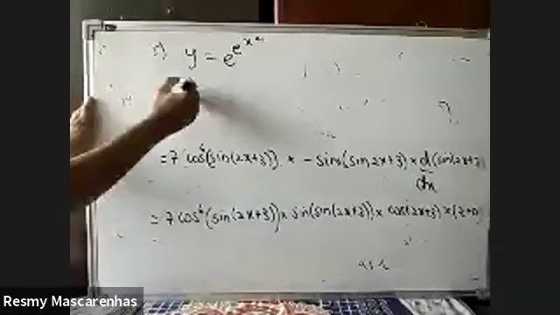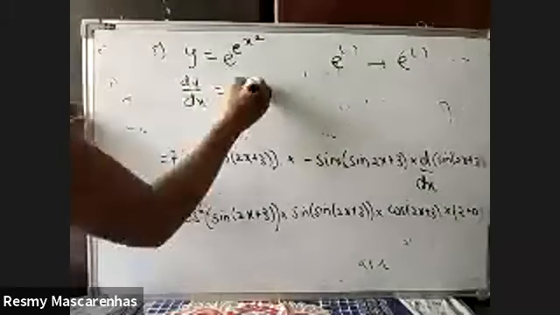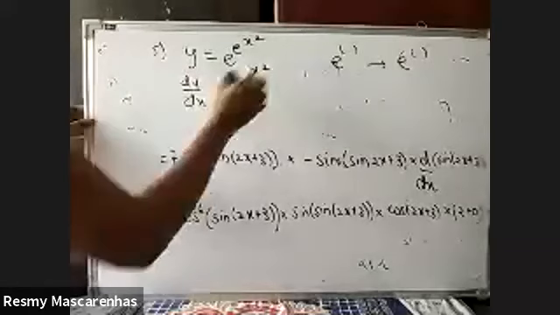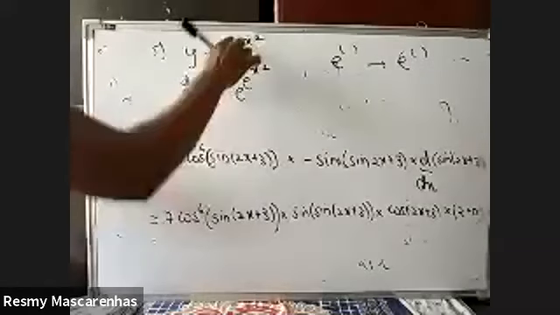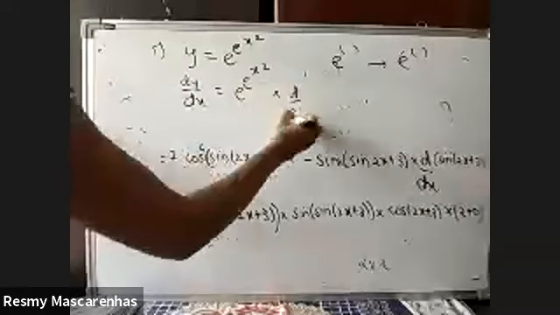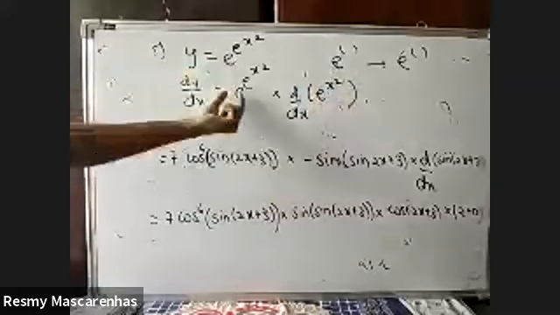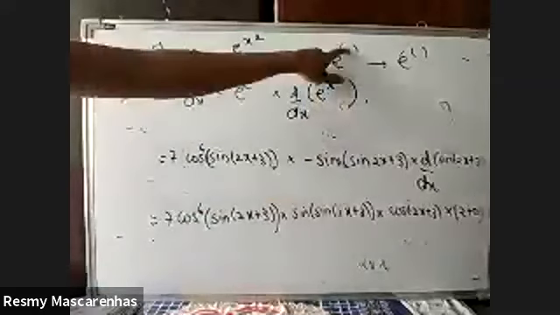So dy by dx: what is the derivative of e raised to something? E raised to the same thing. The derivative of e raised to x is e raised to x only. So the derivative of this full thing will remain as it is, the same answer. But was it x? No. So whatever is there, take the extra derivative of that.